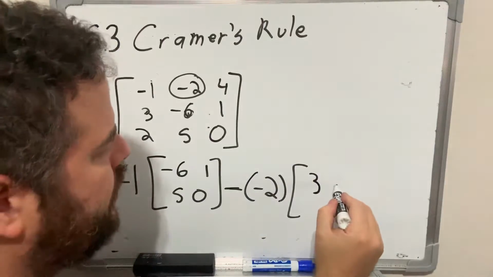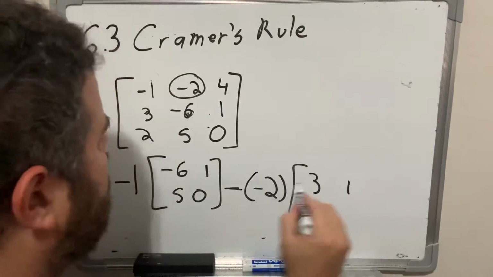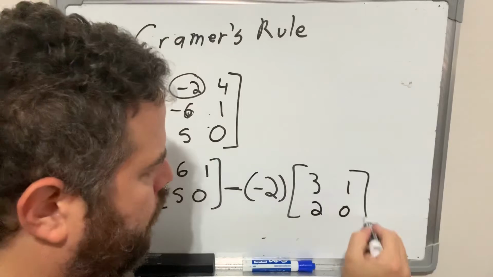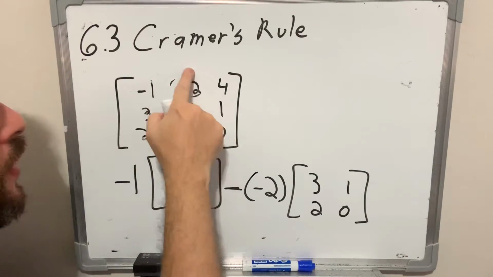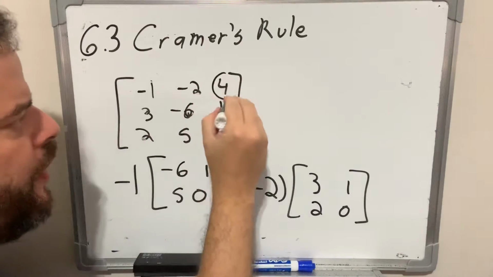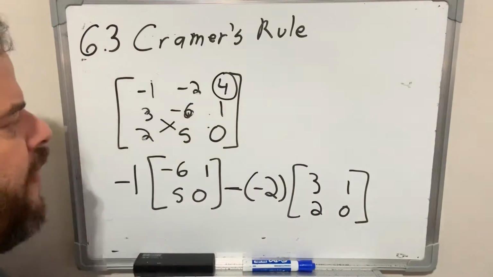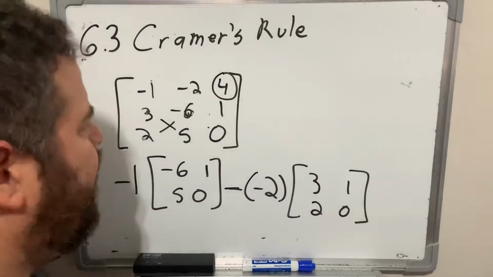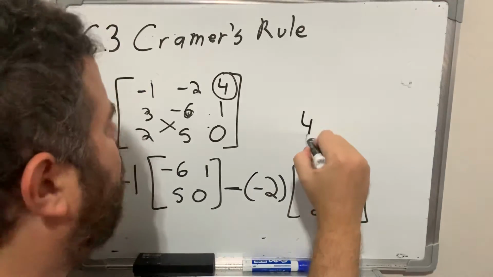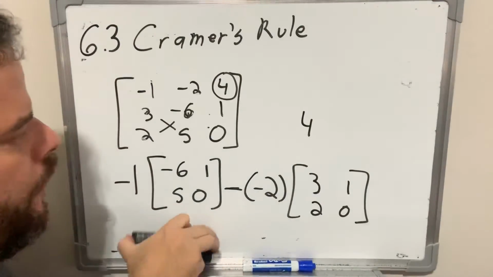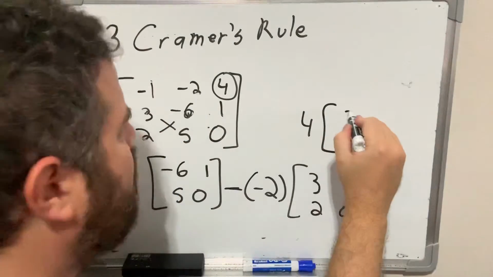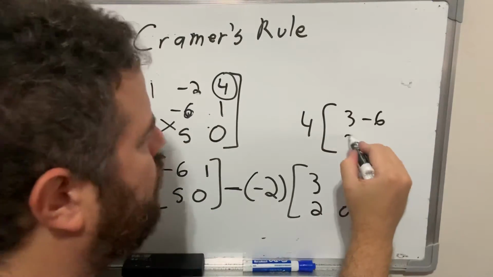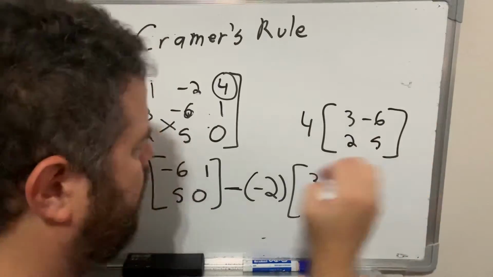Then I'm going to use my third element and find the determinant of the two columns again you're not using. So 4, and then the matrix I'm not using is 3 minus 6, 2, and 5.